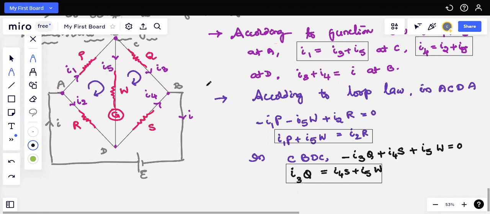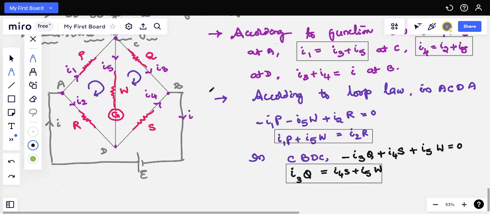Here we found that the potential at C is equal to potential at D. Remember, in case of balanced Wheatstone bridge, you are saying the final equation. That is correct, I accept. What all of you posted is correct. But the condition is VC equals VD, then only the 5th capacitor does not get charged. So here the same condition.